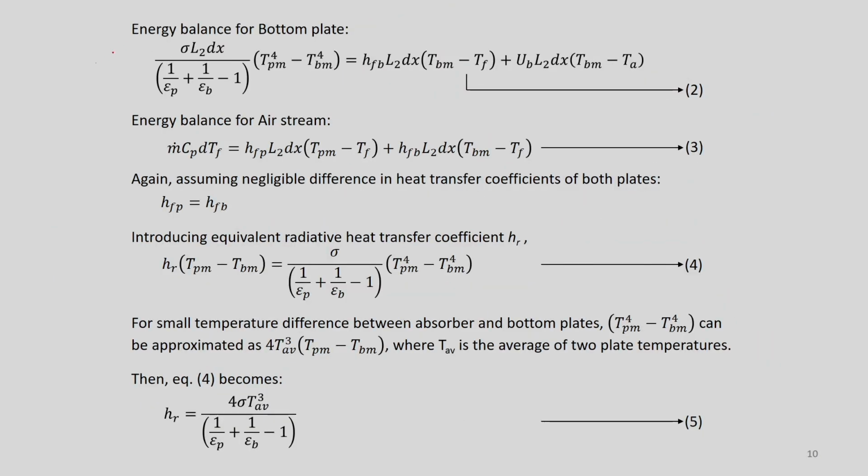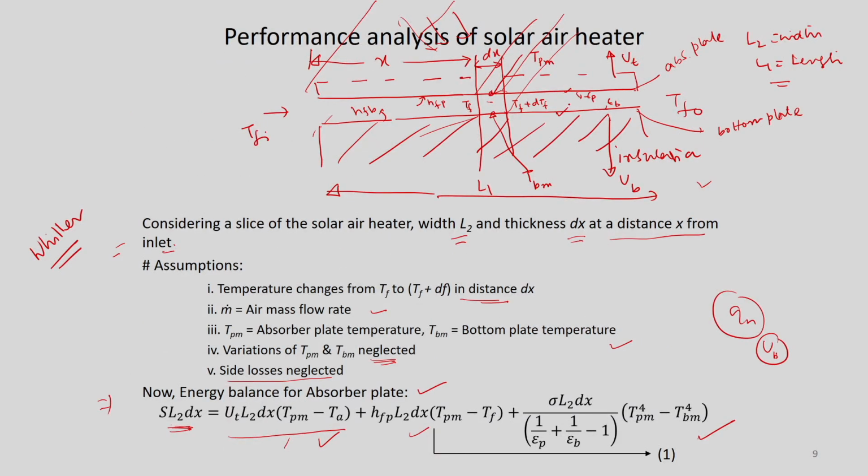And then we are interested in the energy balance for the bottom plate. Now, we are interested in this bottom plate, okay. So, what will happen? This bottom plate also contributes to this fluid, because already some amount of energy is absorbed here due to this exchange. So, heat will be given to this fluid, and then radiative exchange will be there in between these two plates, okay.